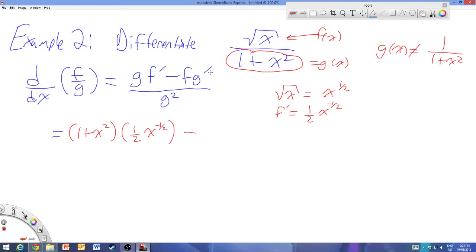Okay, minus f, which is square root of x, times g prime. Well, g of x is 1 plus x squared, so we take the derivative of that. Derivative of 1 is 0, plus derivative of x squared, so this would be 2x. And this is all over 1 plus x squared, all squared again. And there you have it.